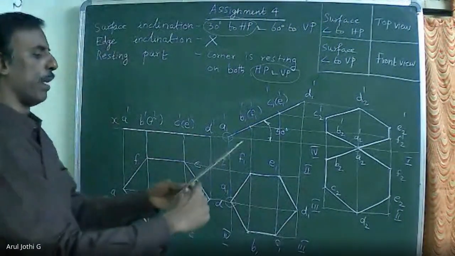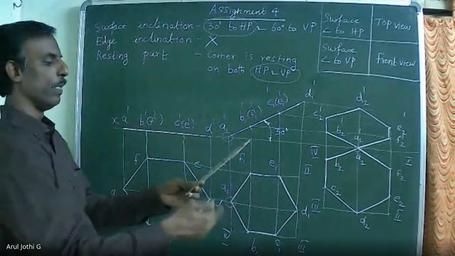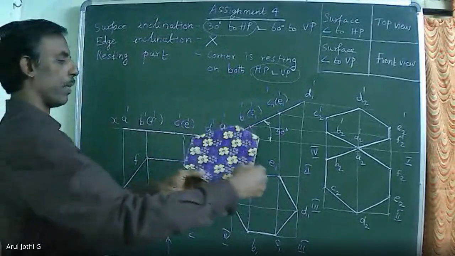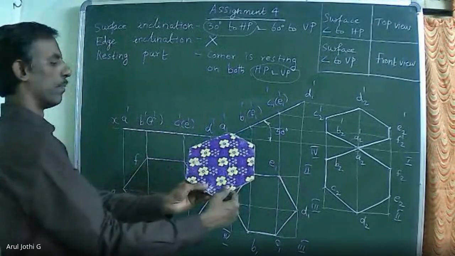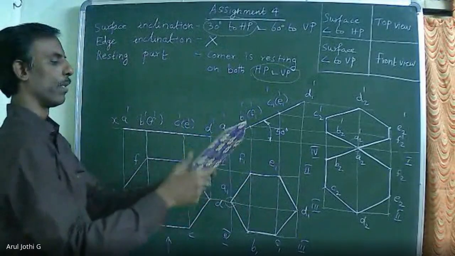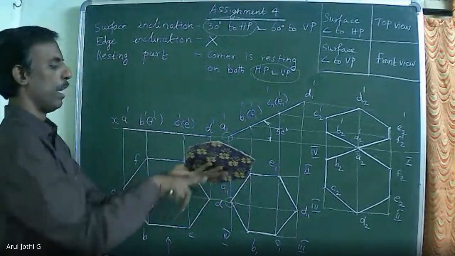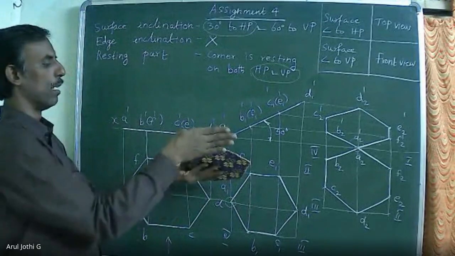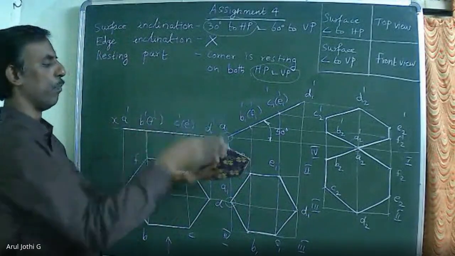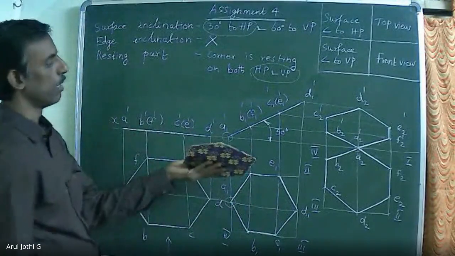For example, when you make the plane incline 30 degree to HP, when you rotate the top view through this angle, if this angle is 30 degree, the angle it is making with the VP, naturally it will be 60 degree.